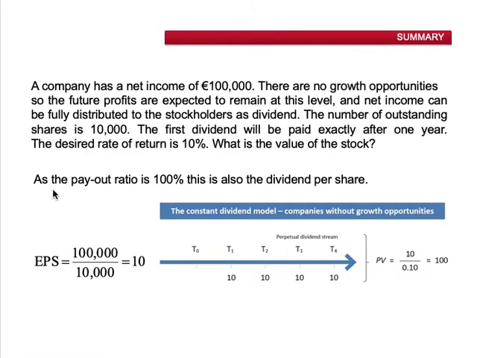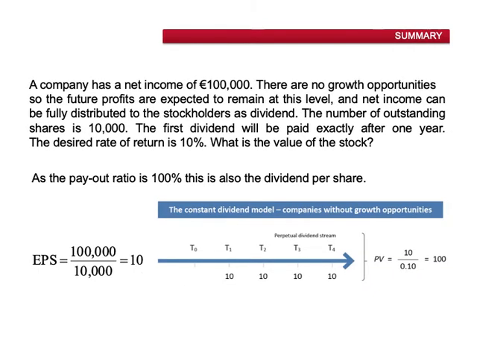Now, as the payout ratio is 100%, it means that the 100,000 euros of net income is going to be fully distributed as dividend to the shareholders. That means that we have an earnings per share, which is equivalent to the dividend per share, of 10 euro.